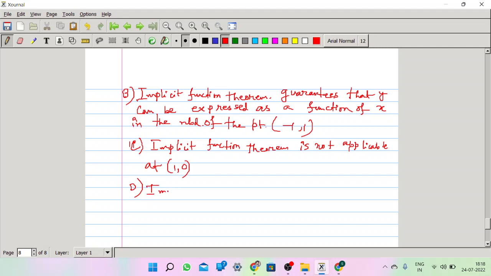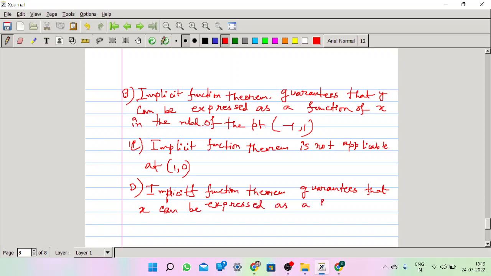Here it is x that can be expressed as a function of y.